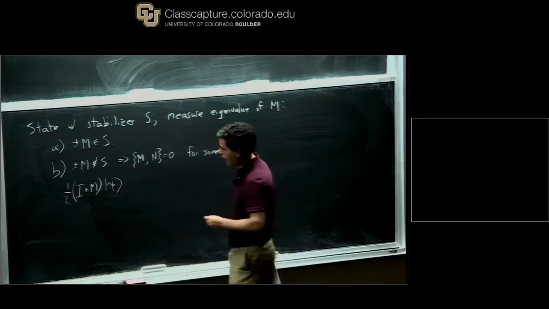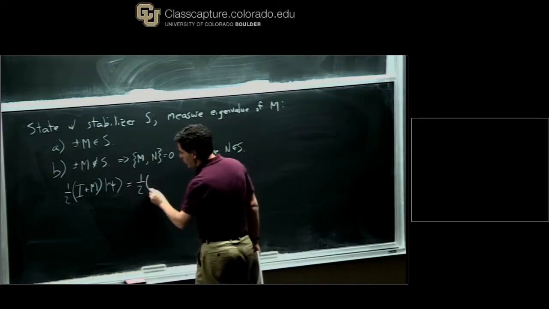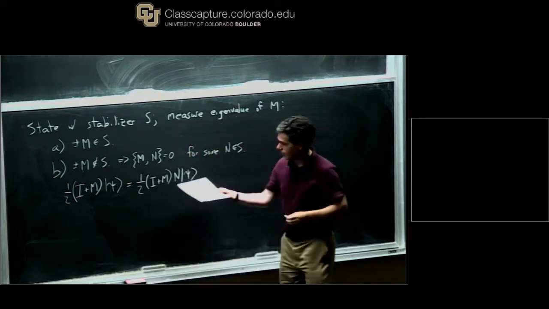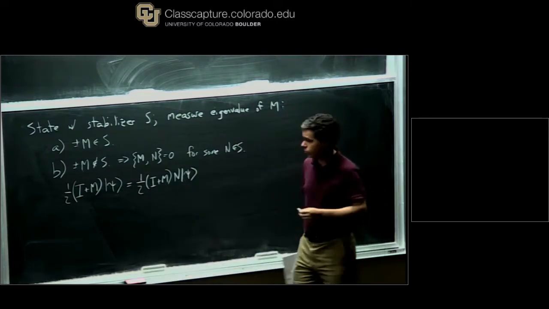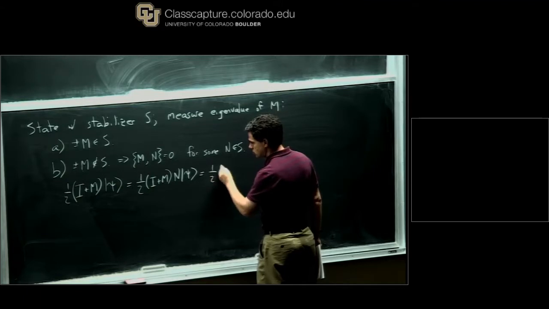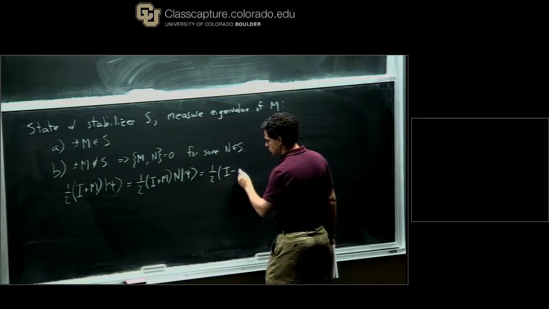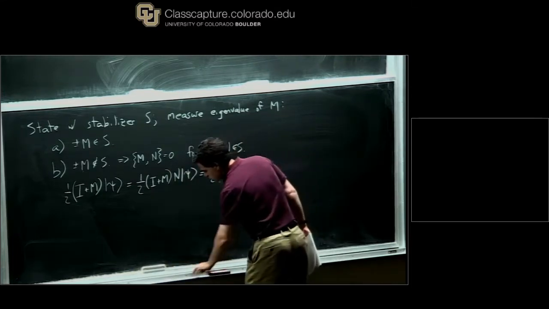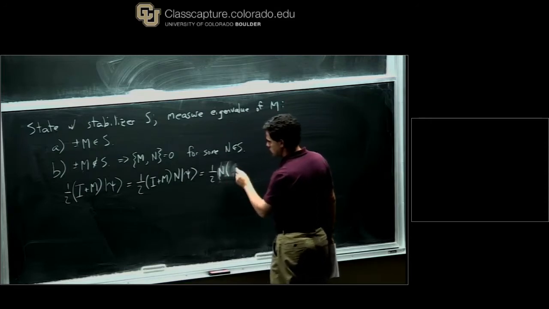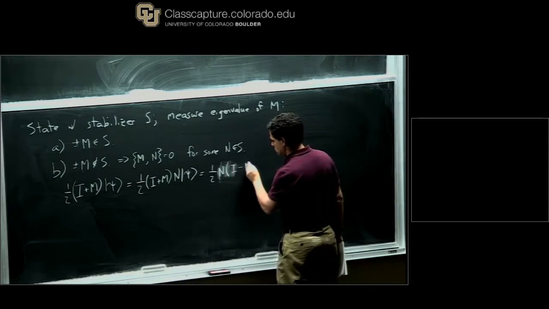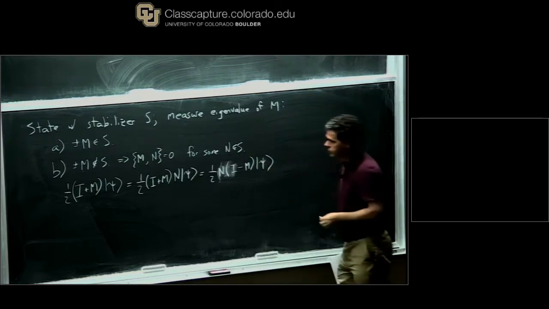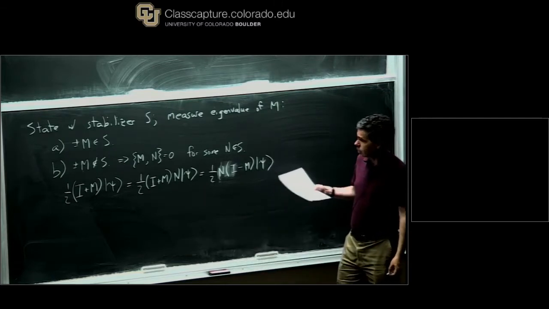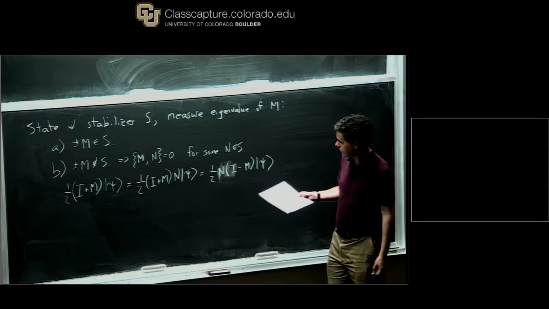Okay, and N is in the stabilizer, so this is equal to this, 1 plus M, N psi, and M and N anti-commute. And so what this is saying is that this state is no longer, sorry, maybe I should have done it the other way around.